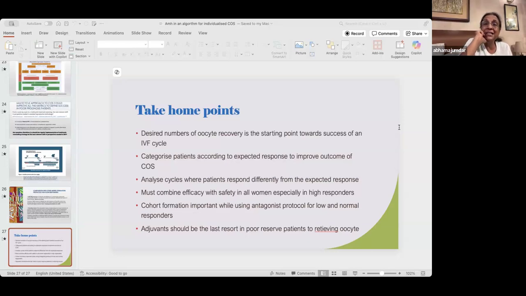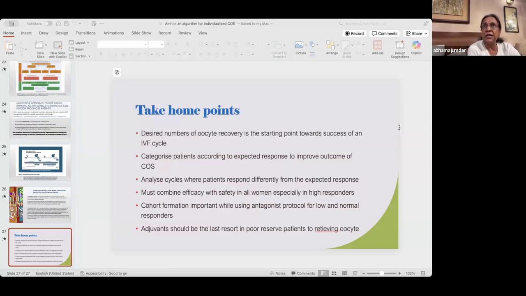But you know what HMG we are using? We are trying to get the cheapest HMG in the market. Any company comes out with HMG, marketing at 100, 200 rupees, also at 400 rupees. So are we really sure that if you're using 75 units, it has 75? Maybe it just has 20 units of HMG.